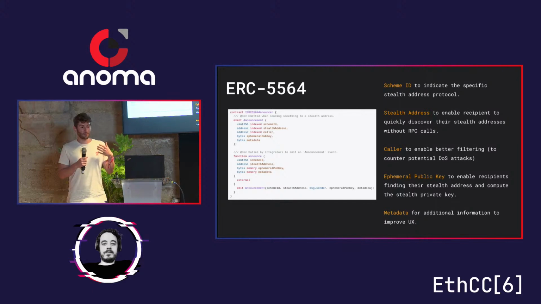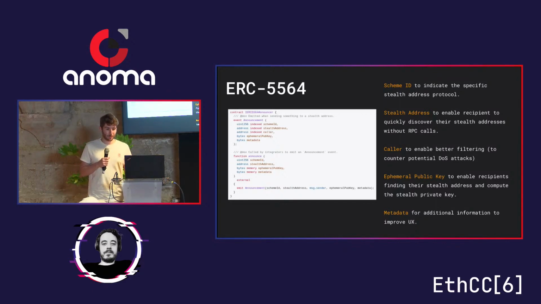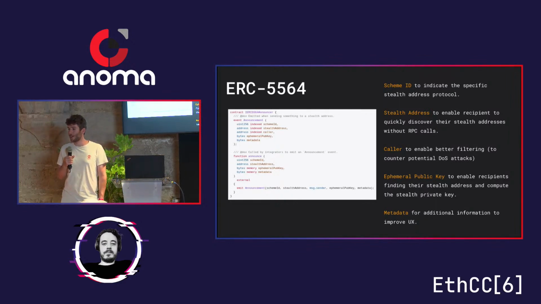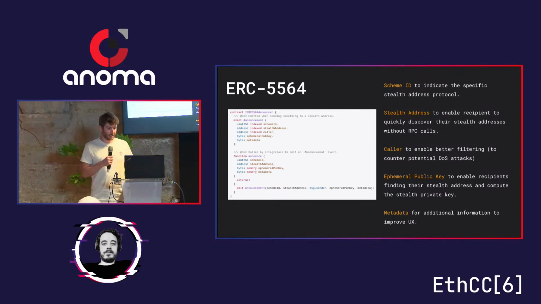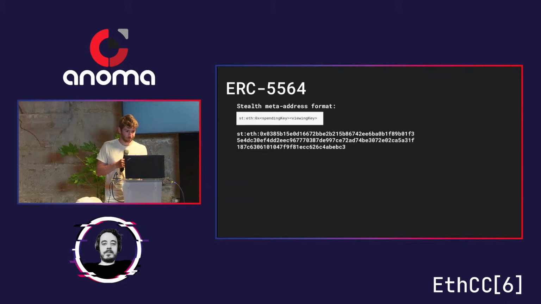So we are open to DoS attacks, but they can easily be filtered on the recipient side, and that's why we include the caller. Then there is the ephemeral public key. That's the very important information required on the recipient side to find the stealth address, and then also to derive the private key to the stealth address. And then some metadata, which is very handy to allow the recipient to directly get additional information, for example which token was transferred, or if there was a special method like an approval executed.